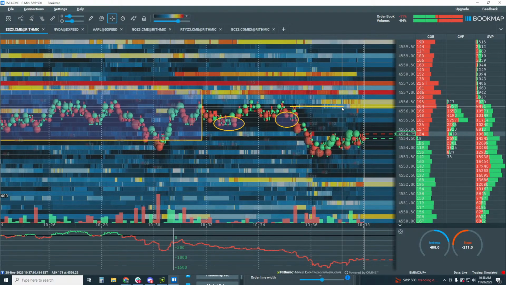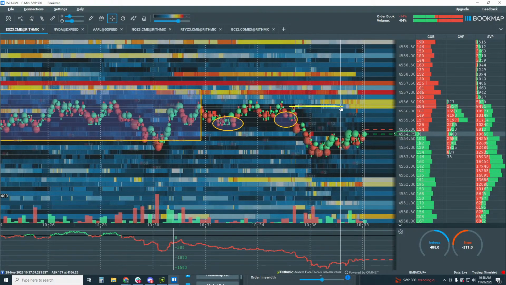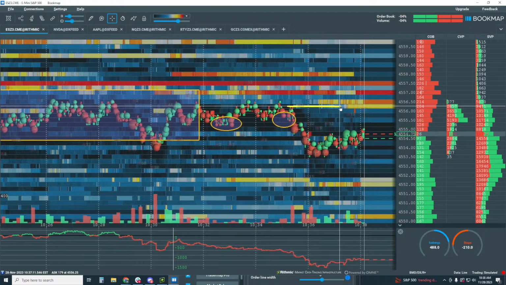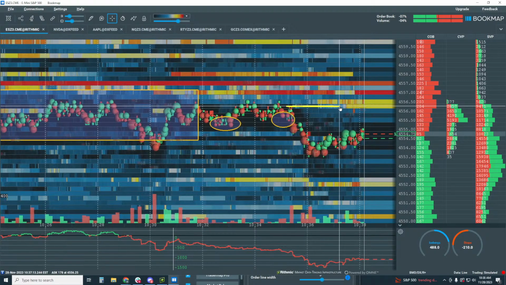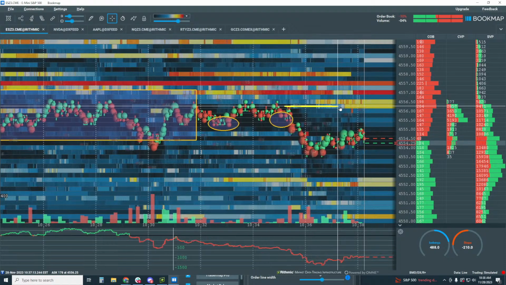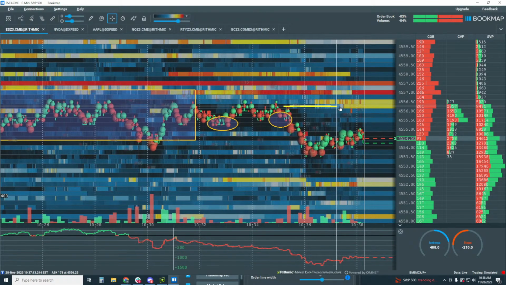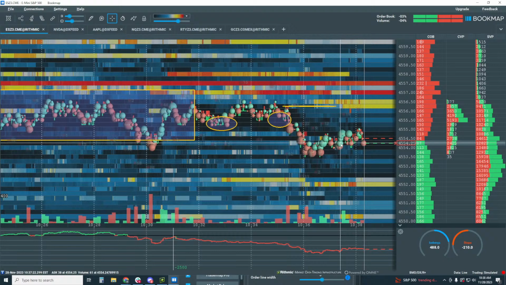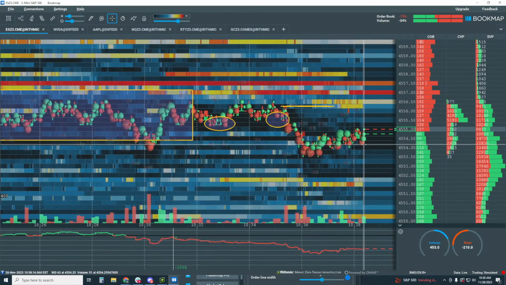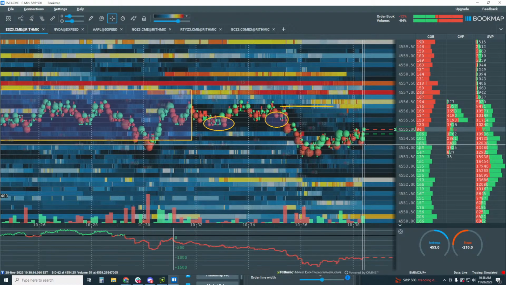See, these buyers are trying to trade it back into the range here. That's the battle that's unfolding. So who's going to get it right? Who's going to get it wrong? Let's see if we can get these buyers here upended. Nope.